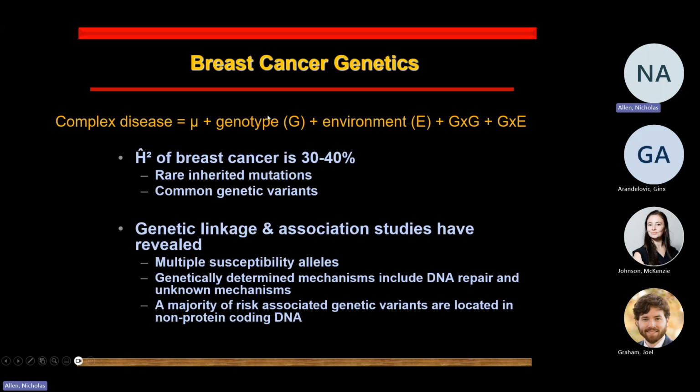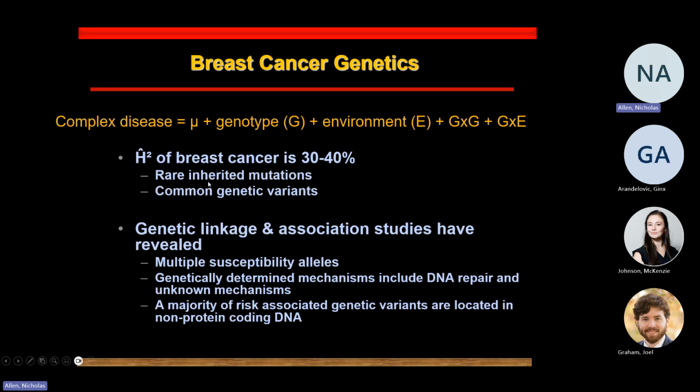And when we get into these genotypes, what we can see mostly for breast cancer is that we have a lot of rare inherited mutations. These are rare at the population level. They exist below 1% in the population, but they have a high genetic penetrance towards developing disease. In this category, think of gene mutations like BRCA1, BRCA2. I'm sure you've heard of them.